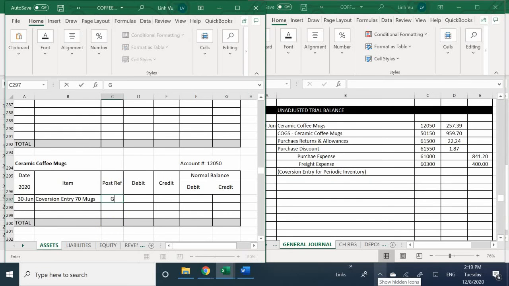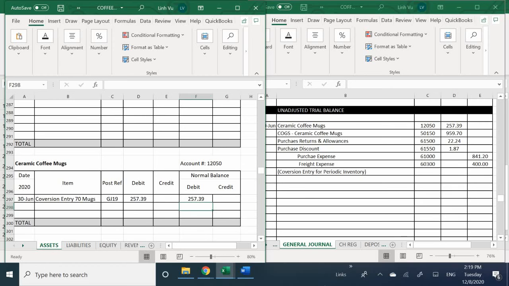And so in the debit column, it's going to be the 257.39. Debit column, boom, 257.39. Good.